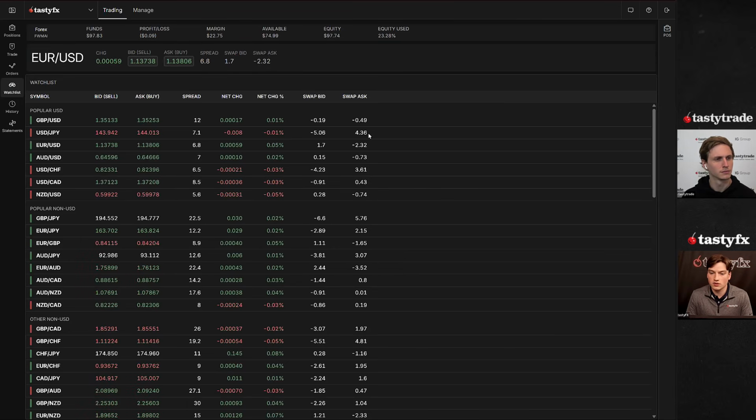But just something to note when you're thinking about whether to hold these positions long term or get in and out of them in a day: if it's something you don't want to take into consideration, remember to layer out of your positions by 4 p.m. Central.